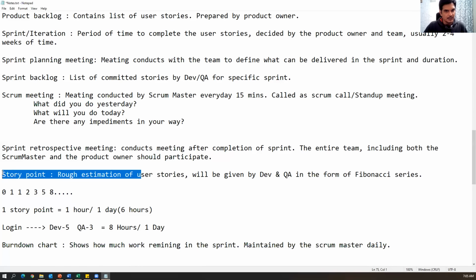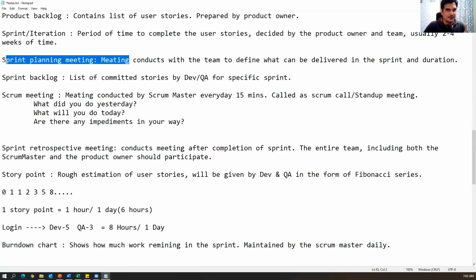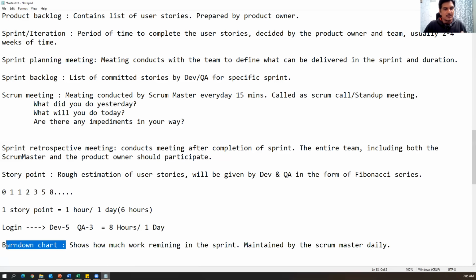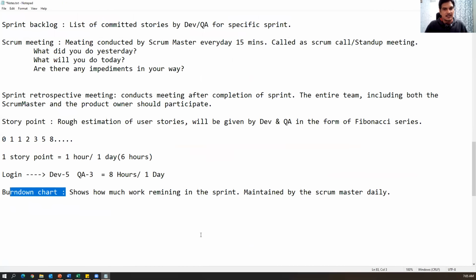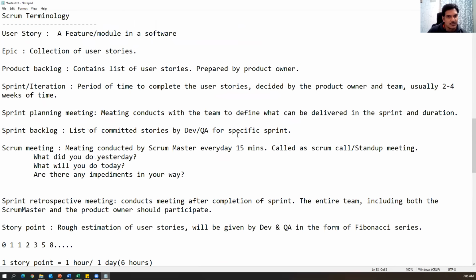This should also happen during the sprint planning meeting, which is the first meeting that should happen, and at that time itself we have to decide that. And finally, burn down chart is nothing but a kind of status prepared by the Scrum Master, which clearly says how much work we have completed and how much work is still pending, and it is normally maintained by the Scrum Master on a daily basis. Okay, so these are the most important terminologies which we need to remember in the Agile process.